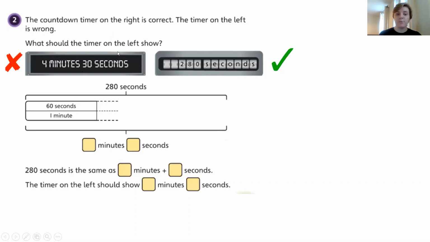So if these were to show that the same amount of time is left, what should this one show? So what it would like you to do is fill in the bar model to turn 280 seconds into minutes and seconds. Okay, have a go.